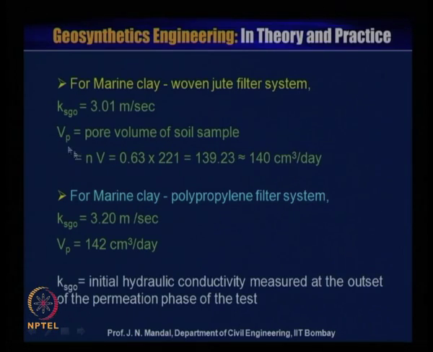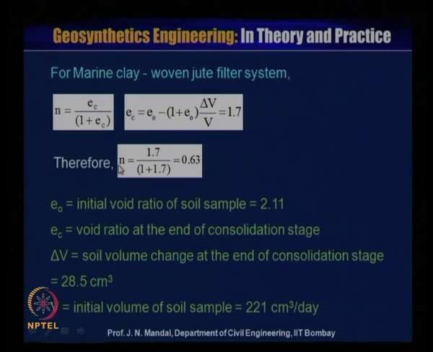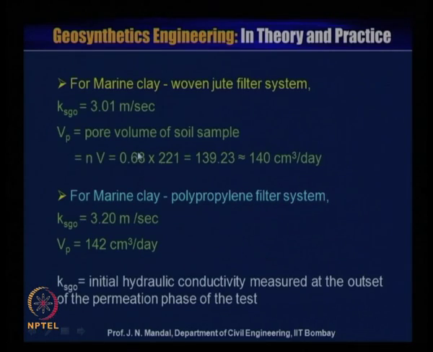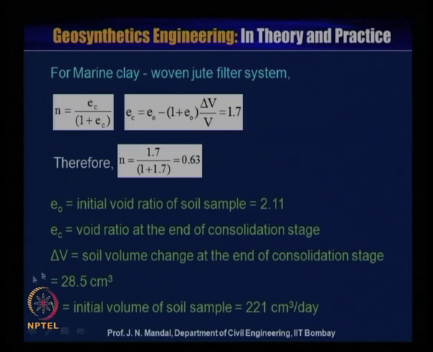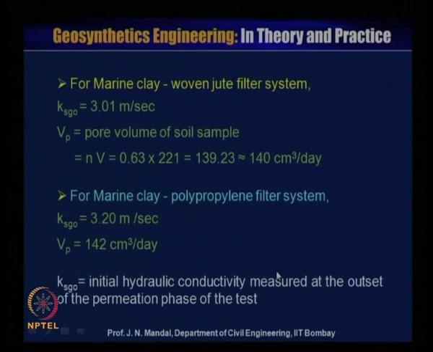So you can calculate K_S0 as 3.01 meter per second, and V_p, the pore volume of the soil sample, that is n into V. You have calculated earlier that n is equal to 0.63, and V is the initial volume of the soil sample, 221 centimeter cube.